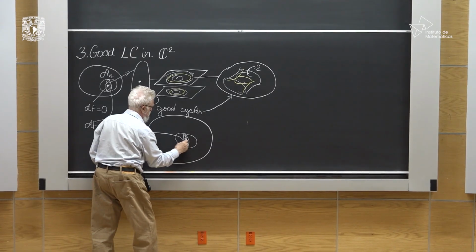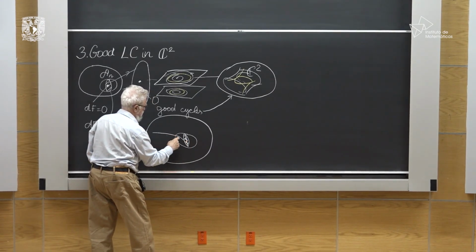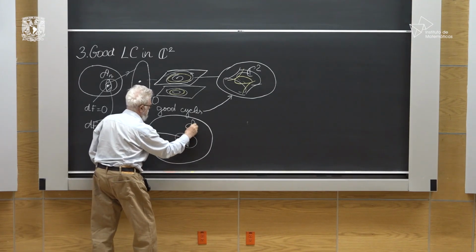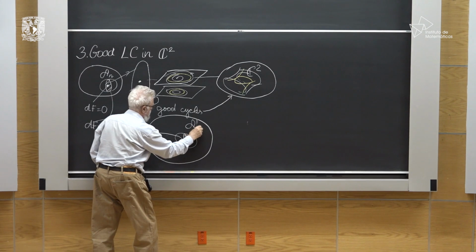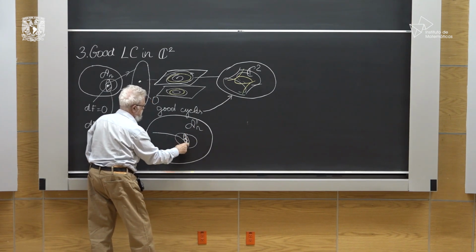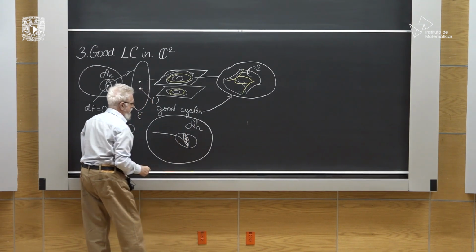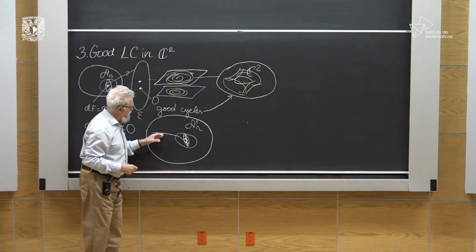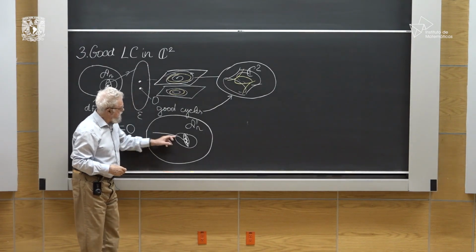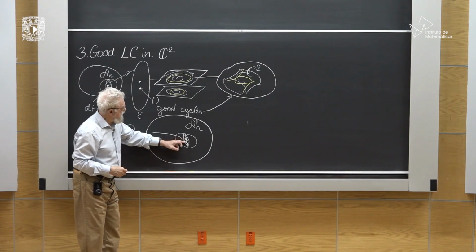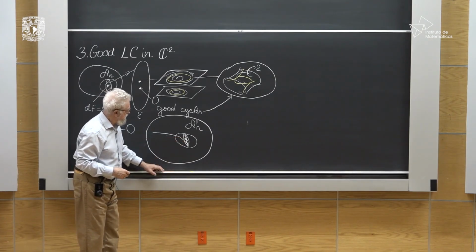The family, the path in the space of the coefficients, crosses our cross section, and some limit cycles, complex limit cycles, come here.